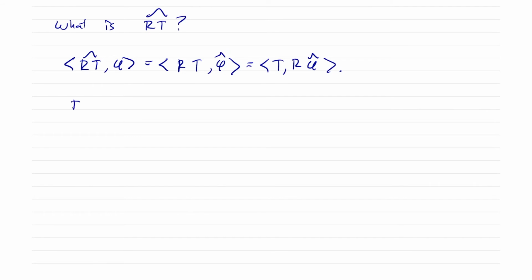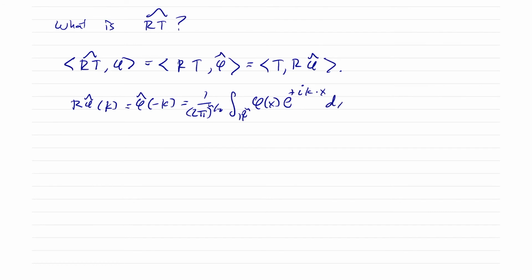So then we know that R phi hat at k is equal to phi hat of minus k, which is equal to 1 over 2 pi to the n over 2 times the integral over Rn of phi of x e to the minus i k dot x, but then we flip the sign, dx. And so that's what that is, right?